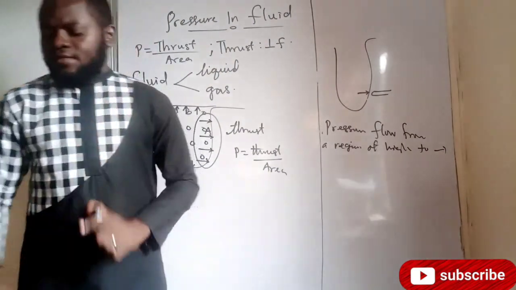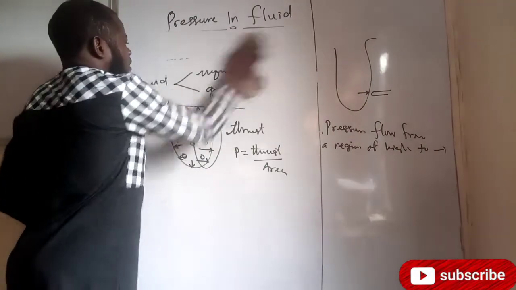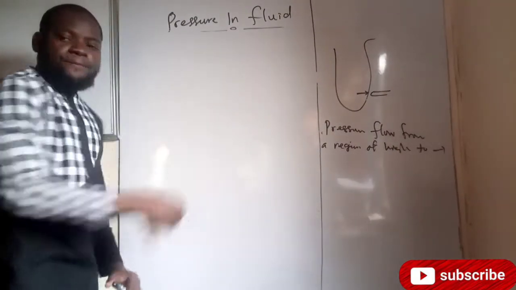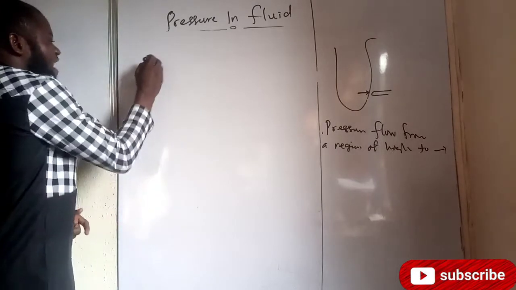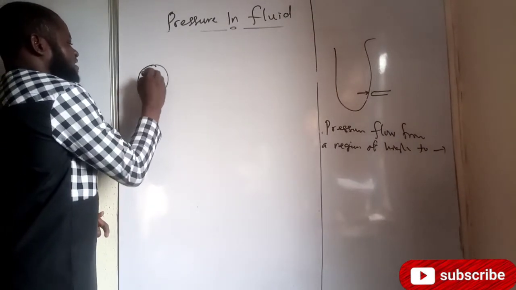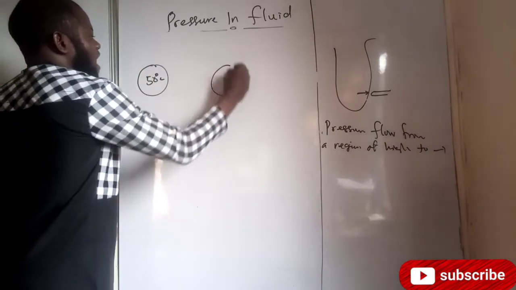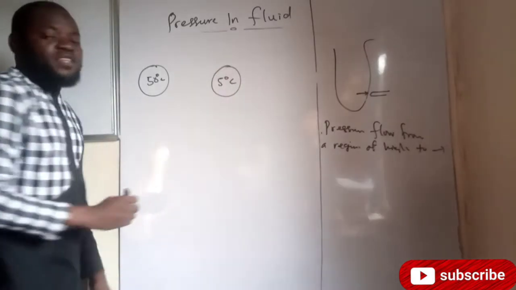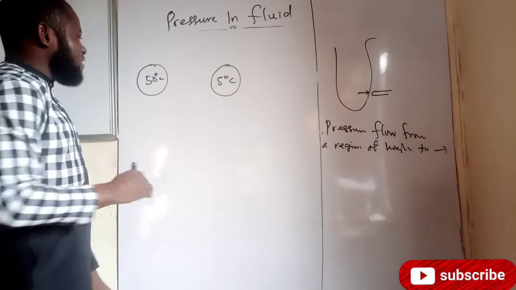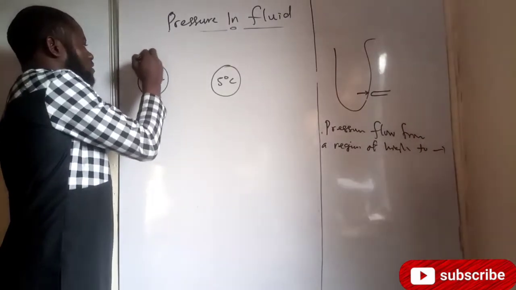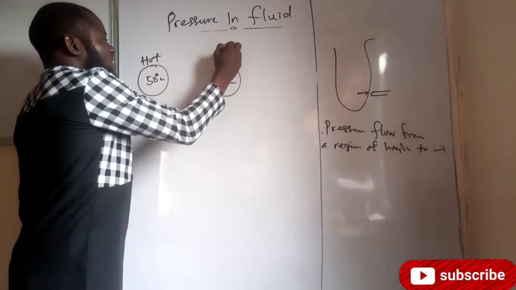If you don't understand this, let me quickly recall when we were talking about temperature. We said when we have a body whose temperature is 50 degrees Celsius and a body whose temperature is 5 degrees Celsius, obviously this one is hot while this one is cold.